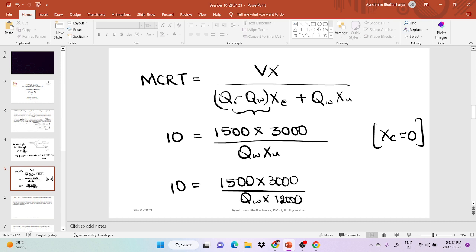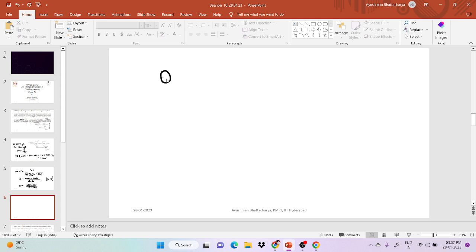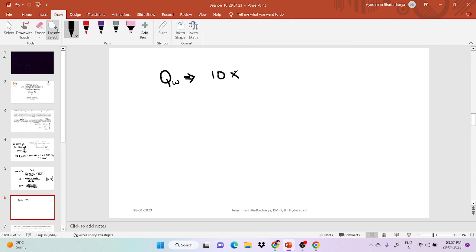Now if you find QW, QW is equal to 1500 into 3000 divided by 10 into 12,000. If you solve this, you will get a value of 37.5 meter cube per day.